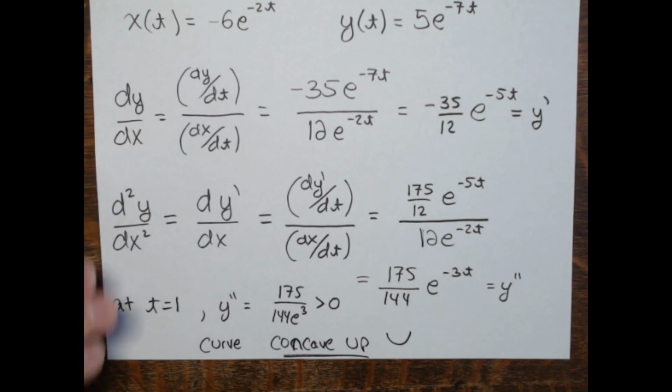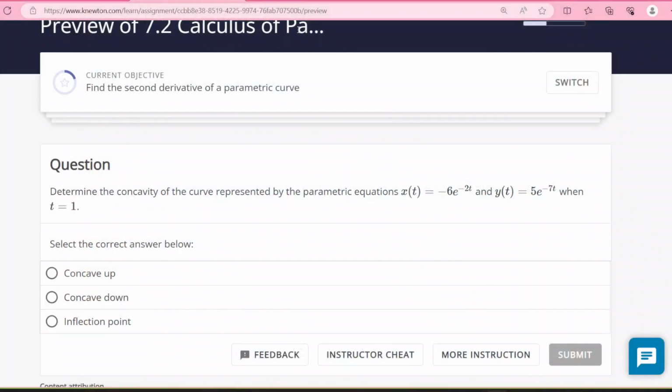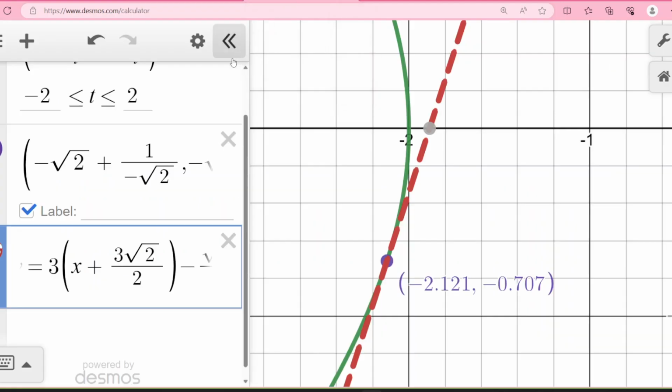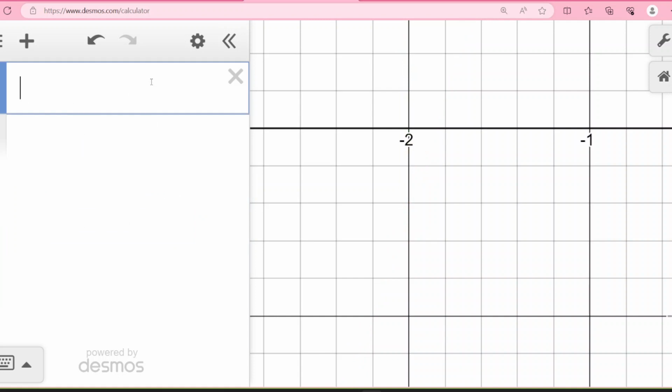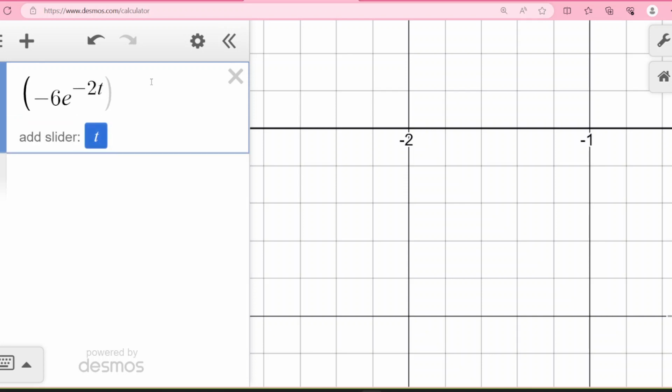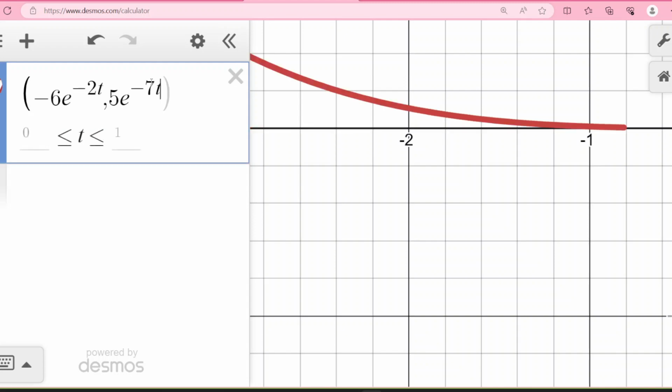All right, let's actually see that in the graph. Back to Desmos here. Let's get rid of the old problem stuff. I'm going to put in my parametric equations. X was negative 6 times e to the negative 2t, comma, y was 5 times e to the negative 7t.